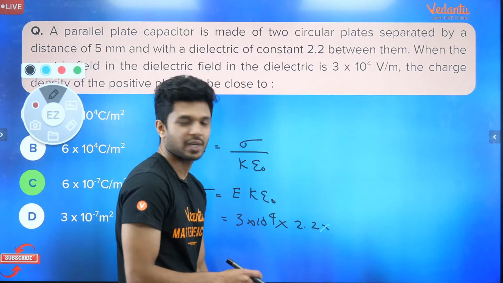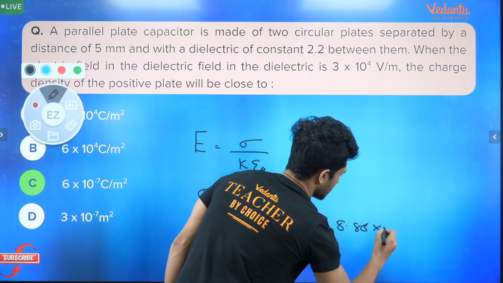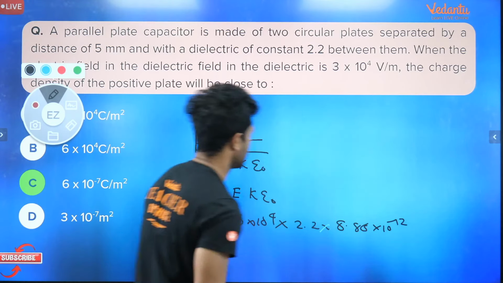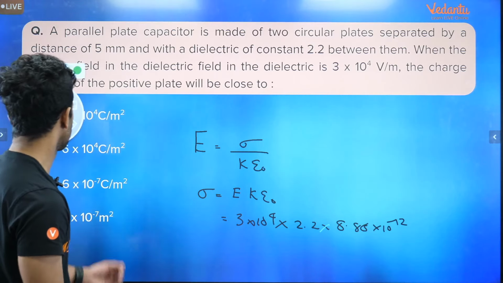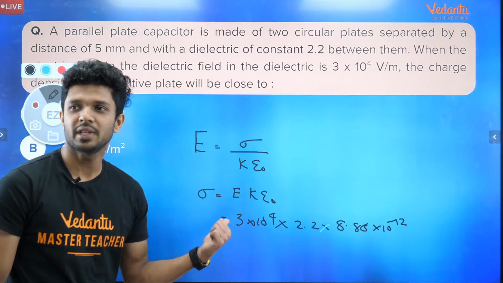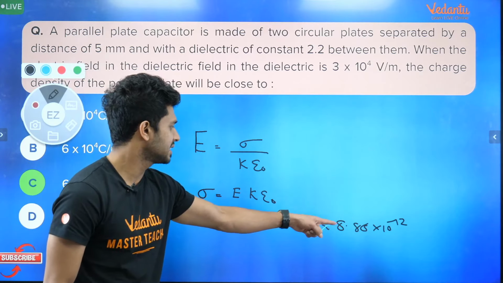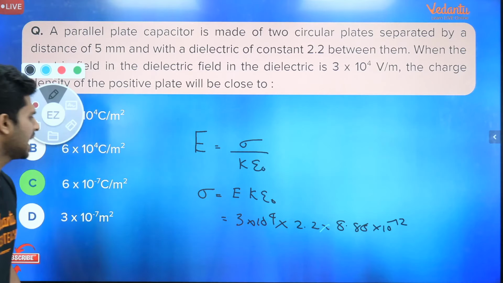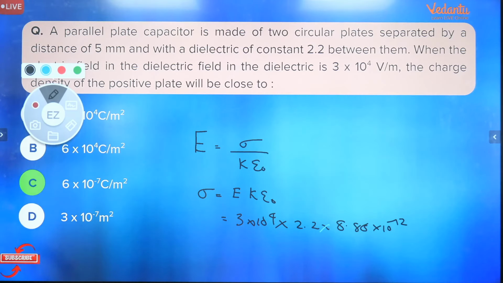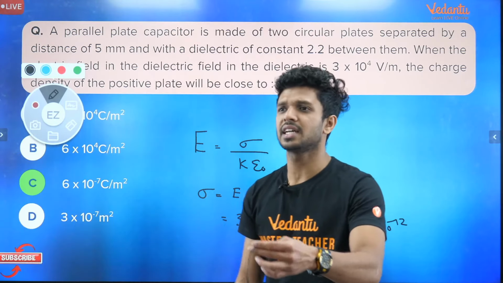Very good Devanta, 8.85 into 10 power minus 12. So this will be the value. So once you do the calculation, what will you be getting? 10 power 4 and 10 power minus 12 is 10 power minus 8. So one more 10 you will be getting, and the final answer is 6 into 10 power minus 7. Very simple question, right?